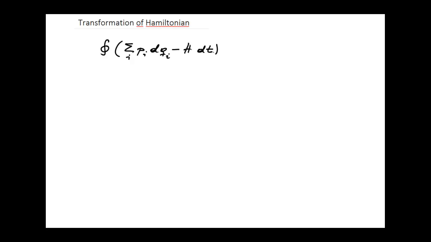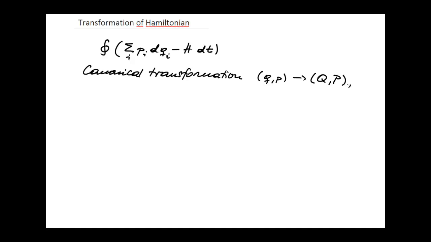And let's now perform a canonical transformation going from little coordinates to capital coordinates. This canonical transformation is generated by some generating function g, and now we allow the canonical transformation to be time dependent, and we implement that by allowing the generating function to be time dependent.